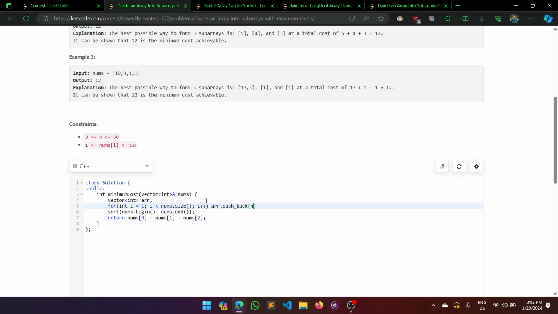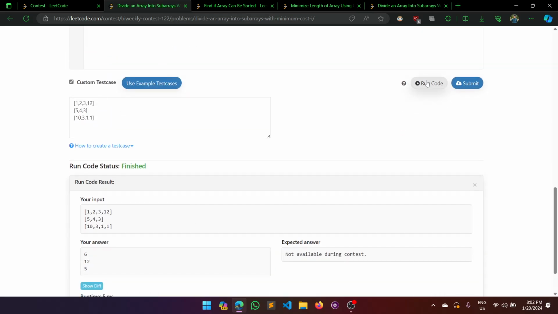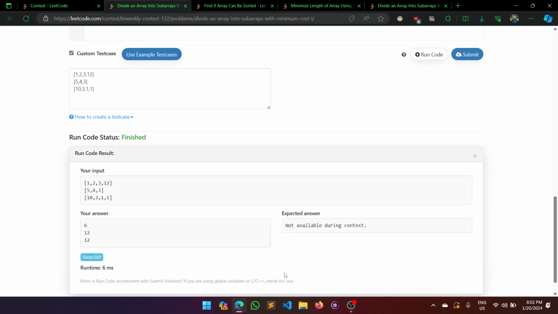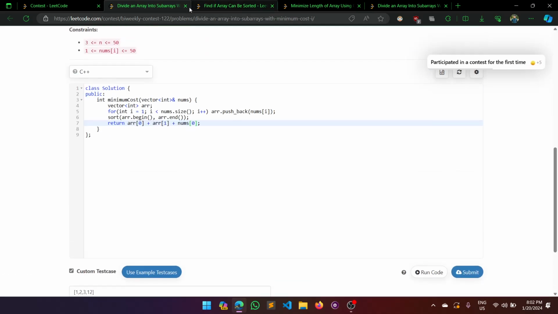We'll push back nums of i, and here we'll sort the array arr, and we'll include arr of 0, arr of 1, and nums of 0. That works. Perfect. Let's get it done.